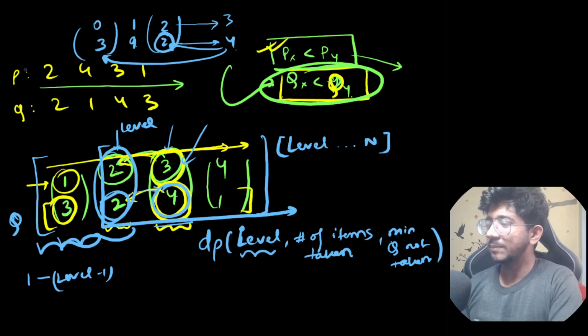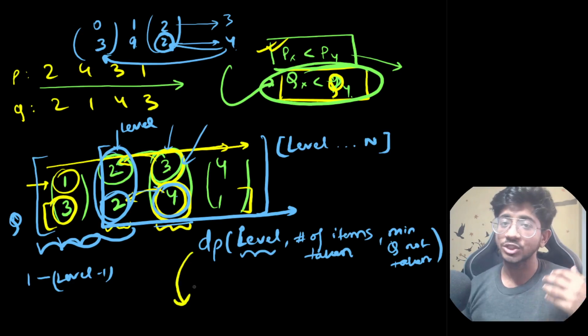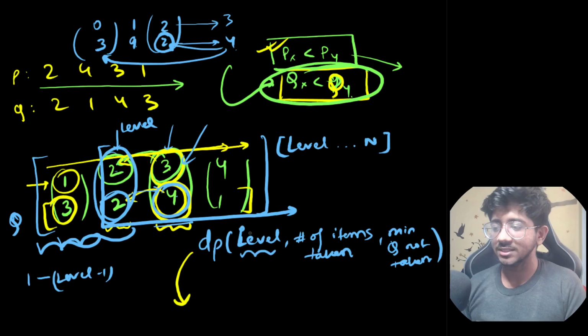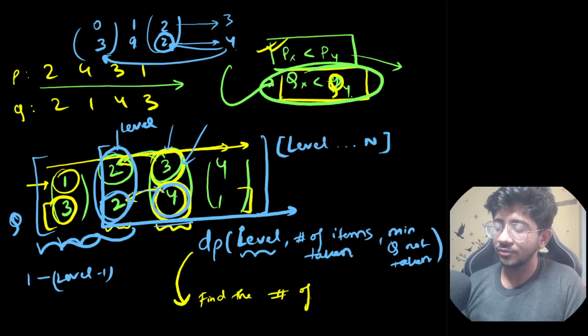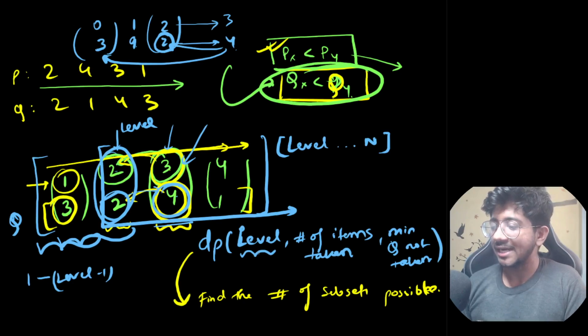And what should this DP return, right? What is asked in the problem is what the DP should return. Find the number of subsequences of size n in that sense, right? So let's say find the number of subsets possible, and there are these parameters, where the items from level till n are yet to be decided.